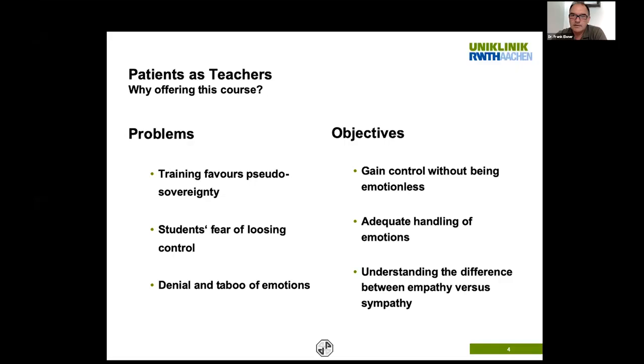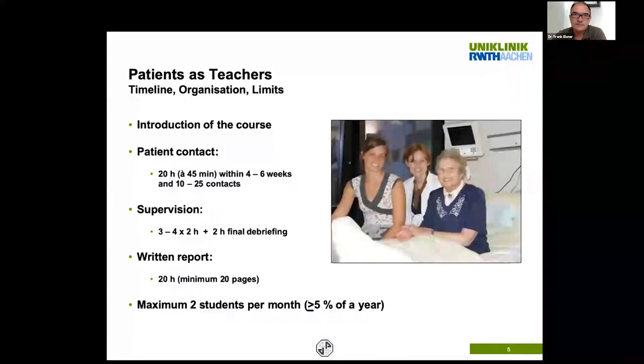The understanding of the difference between empathy versus sympathy is also a very important thing. Students learn that empathy can be learned, and sympathy is a kind of emotion which comes, and you can only hardly try to steer it.